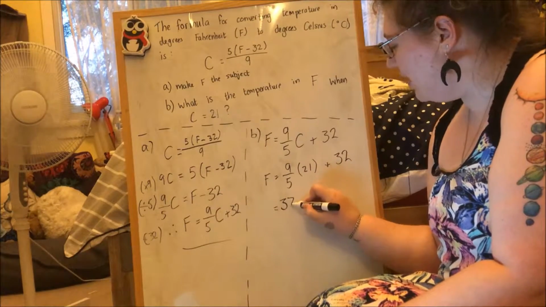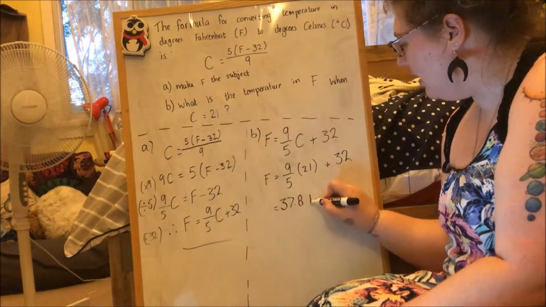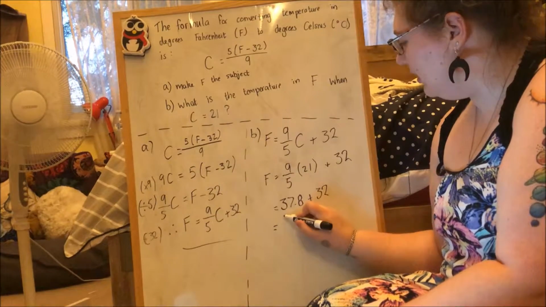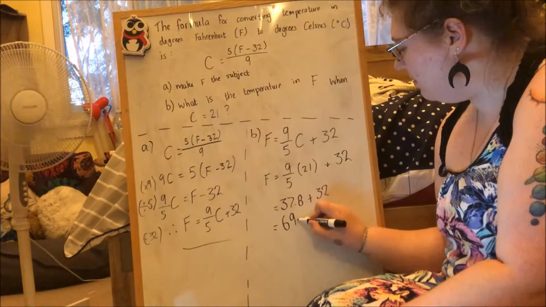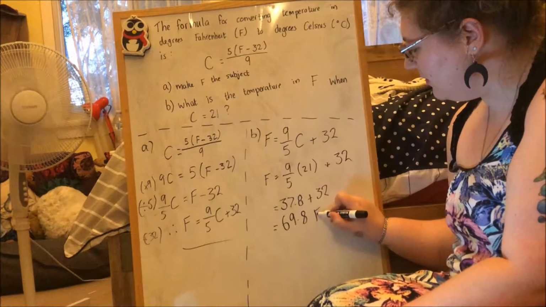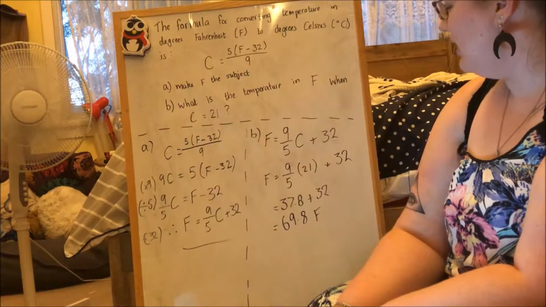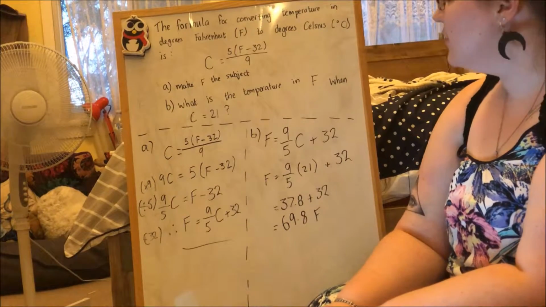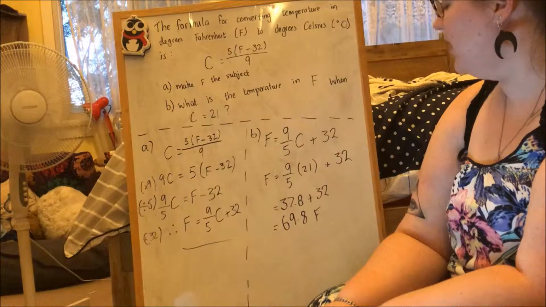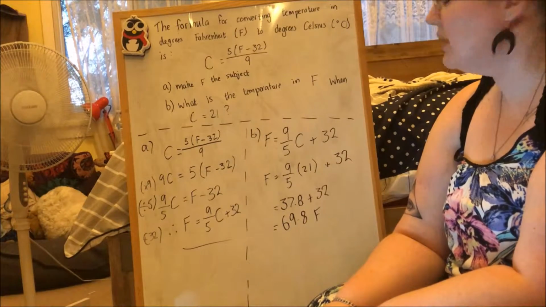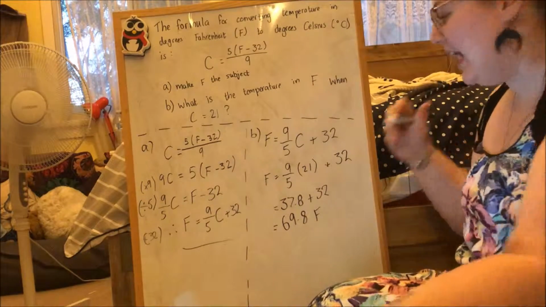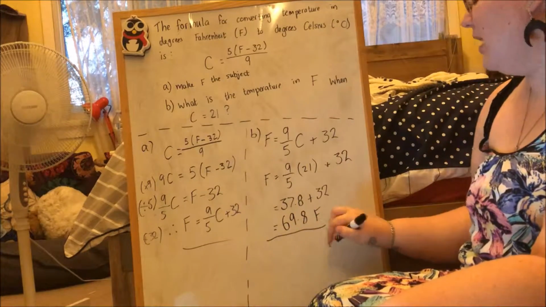So we've got 37.8 plus 32, which is 69.8 degrees Fahrenheit. A nice balmy 69 degrees. That's not too bad so far as temperature goes. It's not a summer day, but you probably won't need your air conditioning, so that's nice. But yeah, that's how we figure it out.